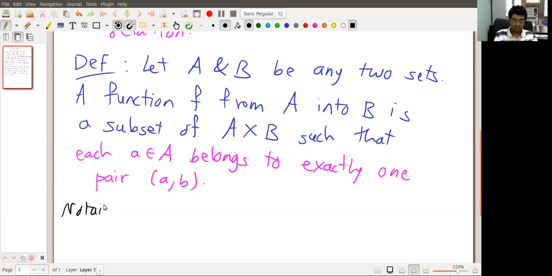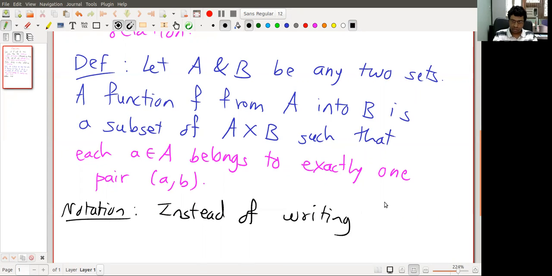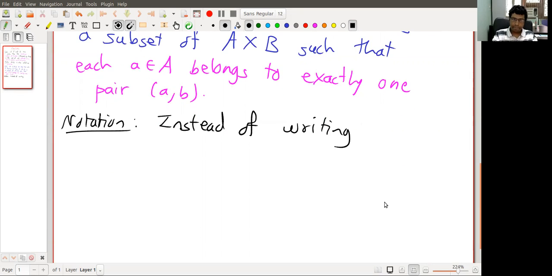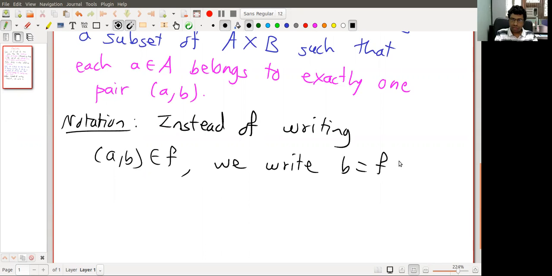Notation. So instead of writing the ordered pair (a, b) belongs to f, we usually write b equal to f of a.